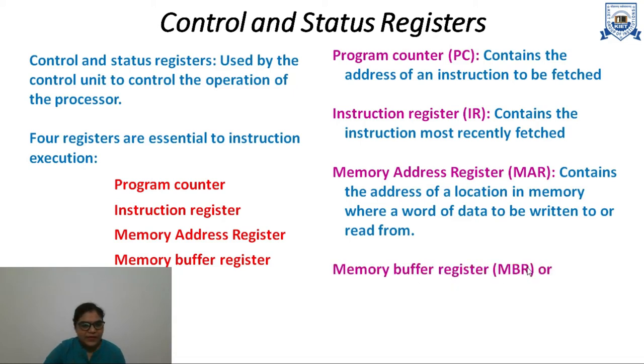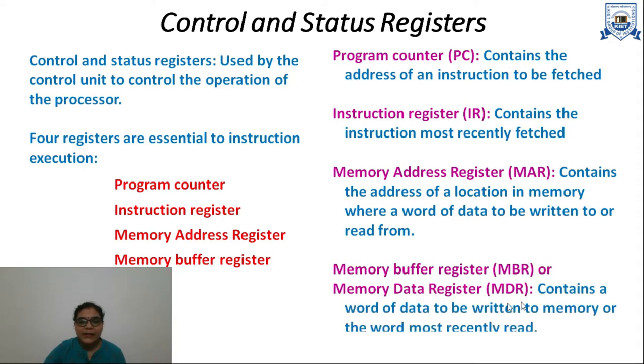Memory buffer register or memory data register contains the word of data to be written to the memory or the word most recently written. MAR will hold the address and MDR will hold the actual data.